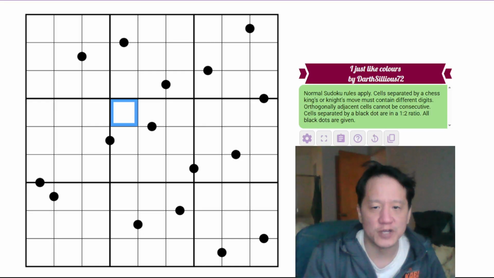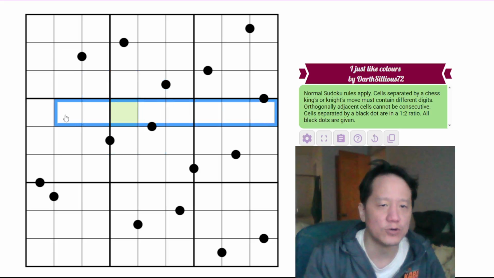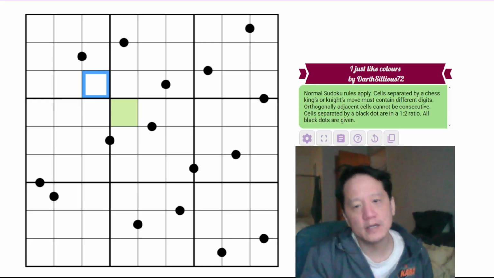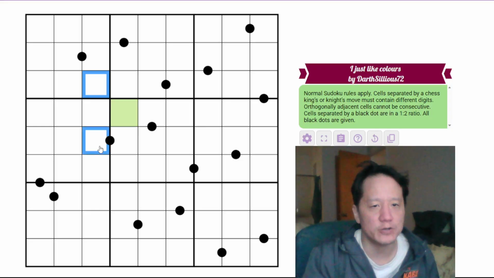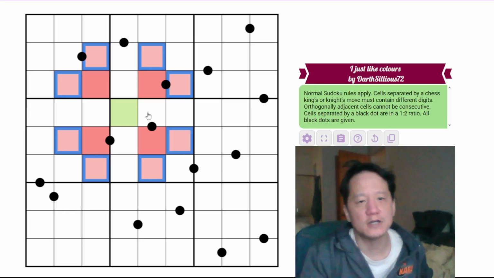So, for example, whatever digit is in the cell here, in addition to not being in the same row or column, it cannot be a king's move away, which would be the same row or column, but also these 4 cells here. And it can also not be a knight's move away, which are these 8 cells here.